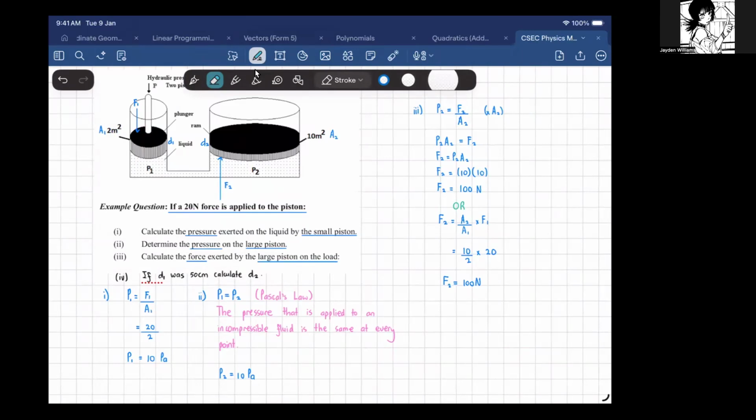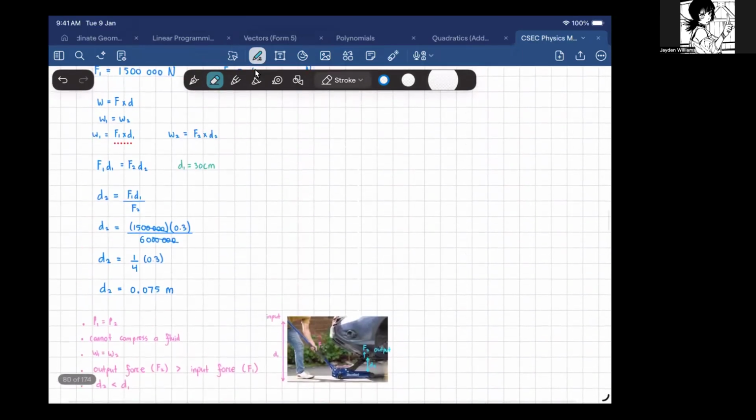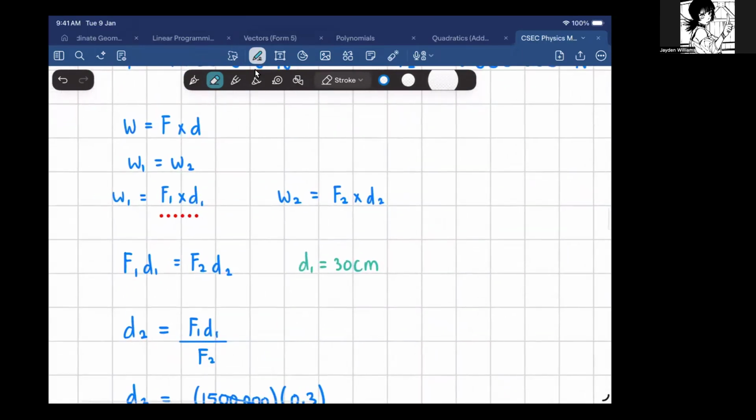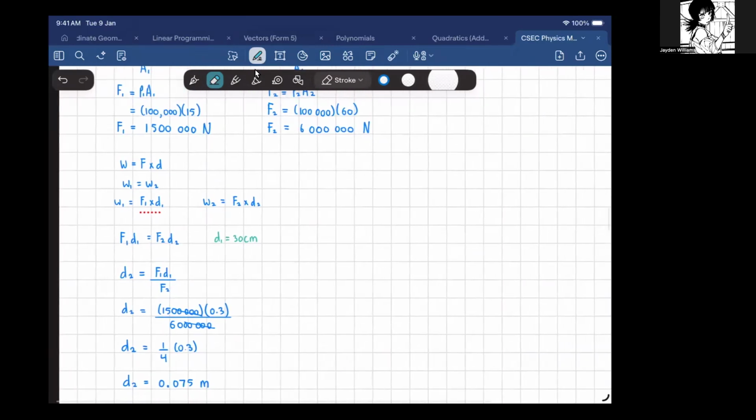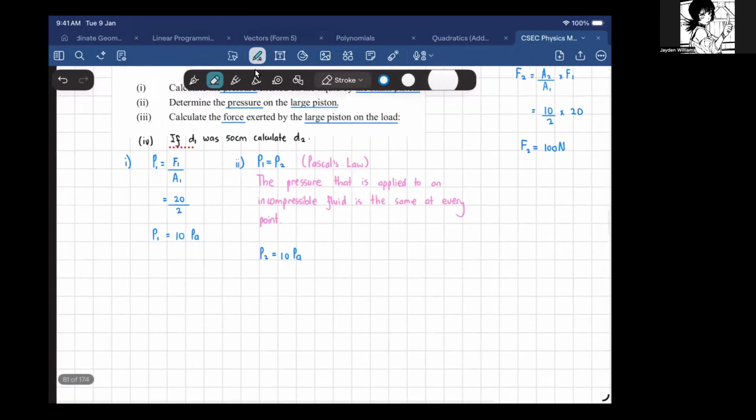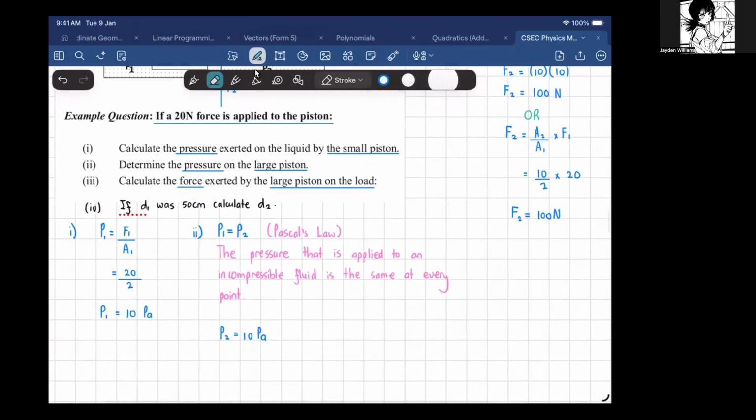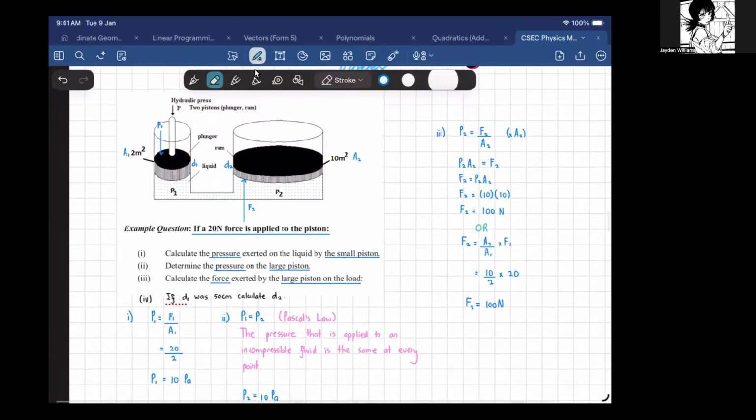So what formula has D in it? I was seeing the one where F1 D1 equals F2 D2, and it was D2 equals F1 D1 over F2. Yes, that's it.